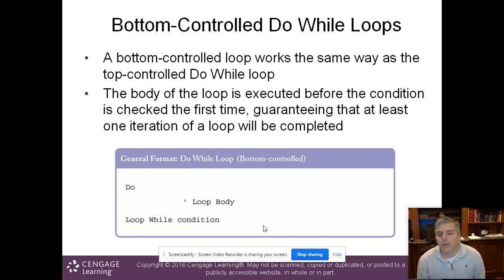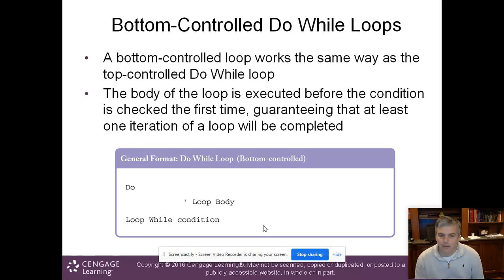Traditionally, you don't really care about that. You're going to be controlling with the loop, but there are some situations where you don't know, depending on what the user inputted, if the loop needs to execute once. If the user put bad data in there, you don't need to enter the loop. So by doing a top controlled loop, the loop will never get executed and the code will be a little more efficient.